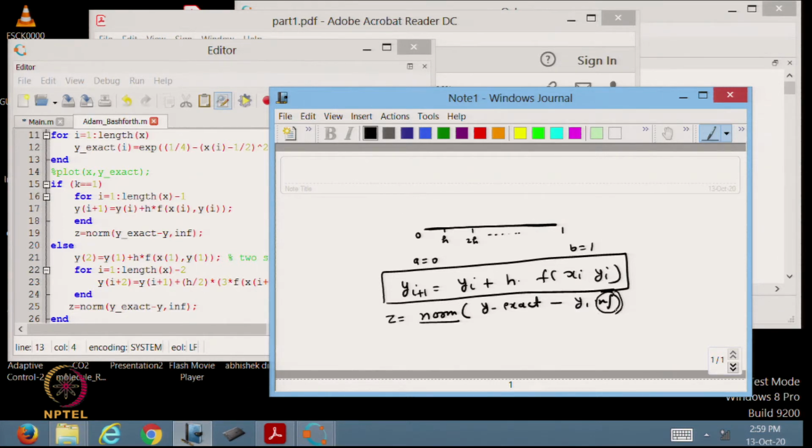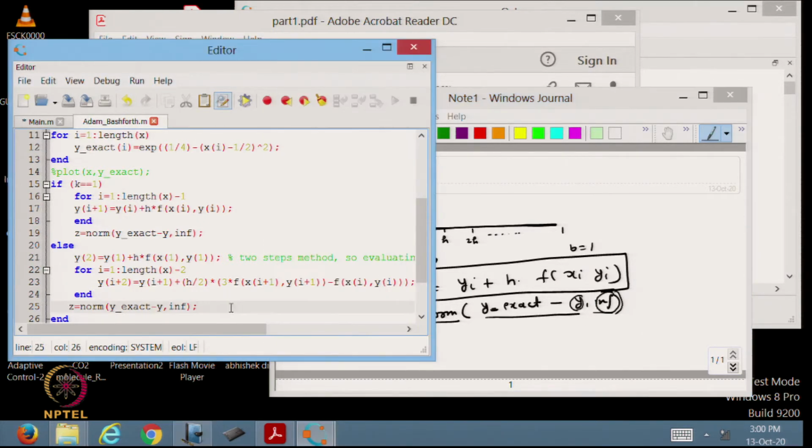Of course the default is 2 norm, but here after the comma I am explicitly mentioning inf, so this will be the infinity norm. y exact is the exact solution and y is the numerical solution. So we are basically computing the infinity norm of the error, or you can say the maximum norm of the error.